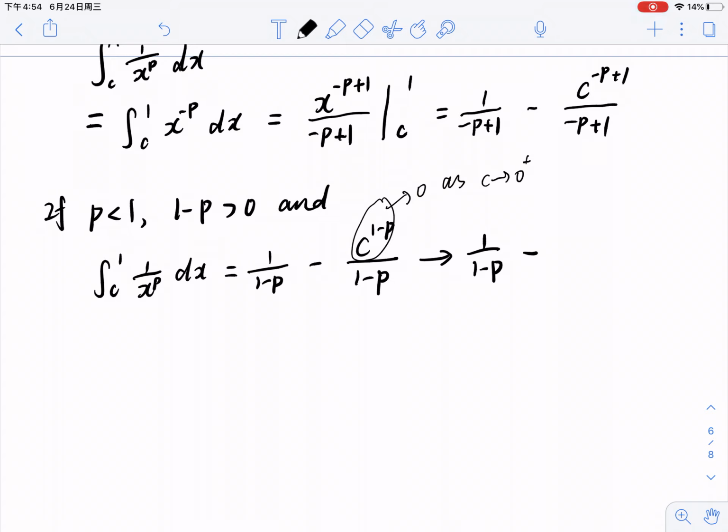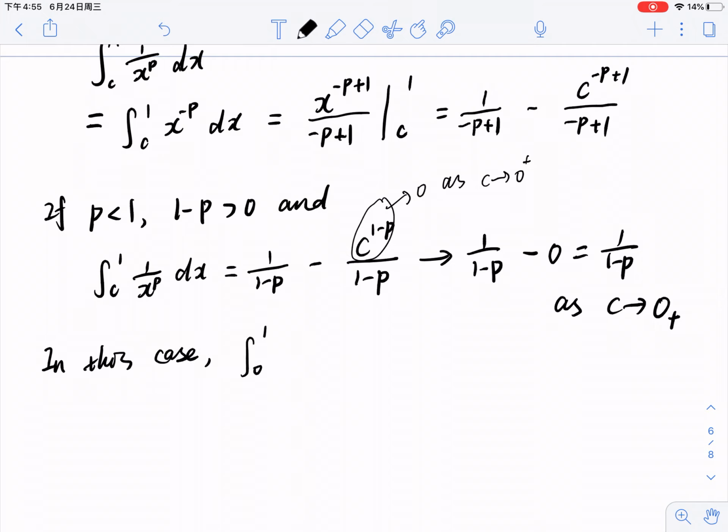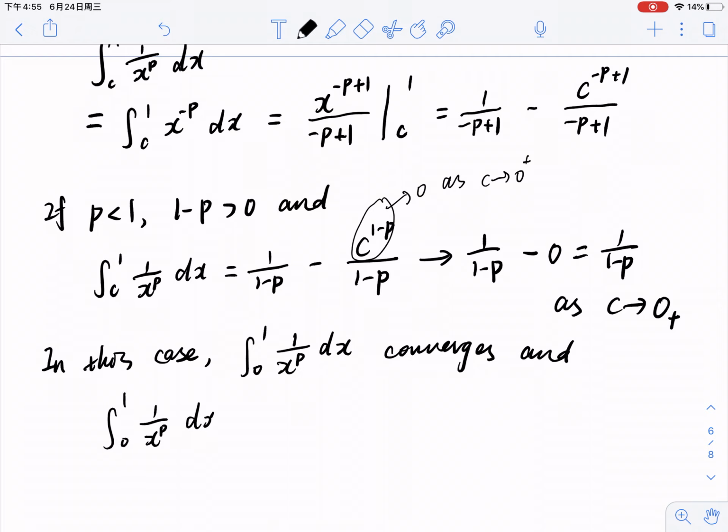So this goes to 1 over 1 minus p minus 0, which is 1 over 1 minus p. In this case, the integral of 1 over x to the p converges, and the integral from 0 to 1 dx is 1 over 1 minus p.